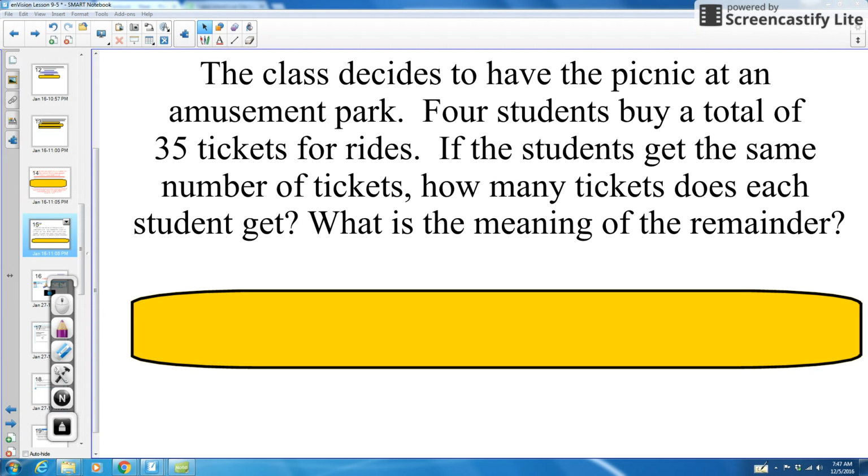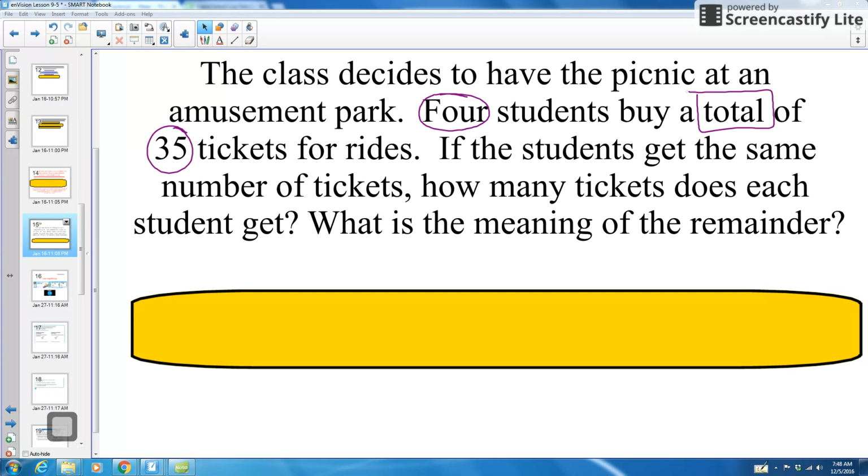We have 4 students, that's one of our first numbers, and they buy a total of 35 tickets. And I'm going to box total because if you remember from a few days ago, I said in a division problem, we start with the larger number of the total that we're working with. So in this case, we have a total of 35 tickets for 4 students.